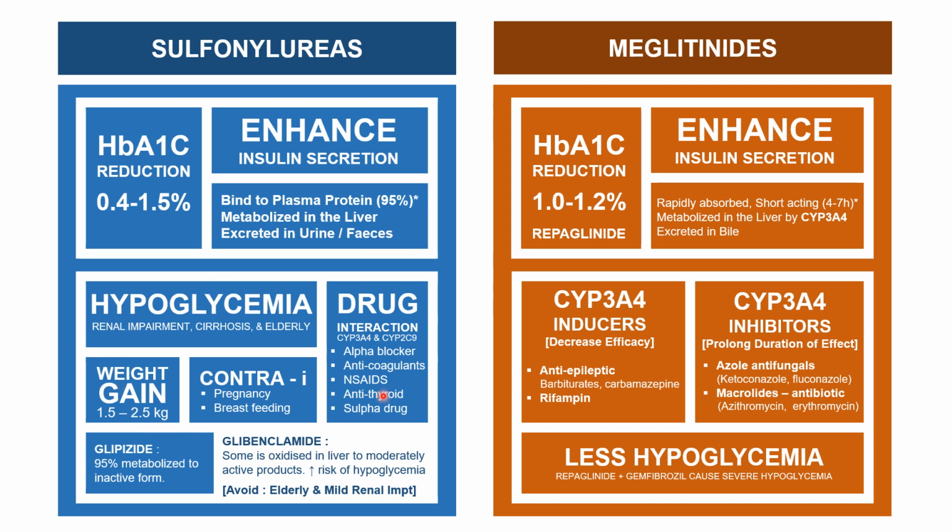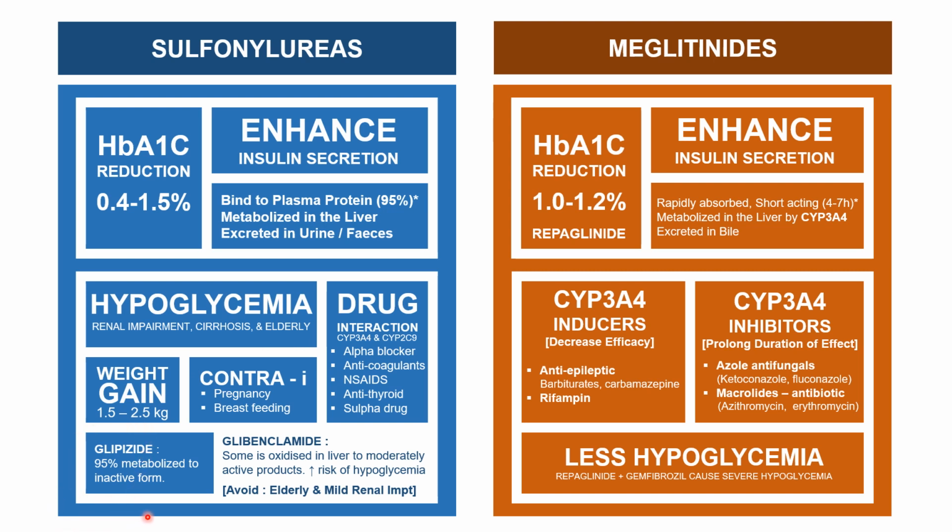Glibenclamide is metabolized to a moderately active metabolite, which causes a high risk of hypoglycemia. The incidence of hypoglycemia may be worsened in renal impairment, cirrhosis, as well as in elderly patients.